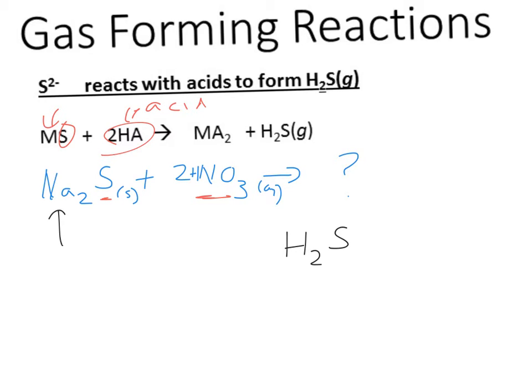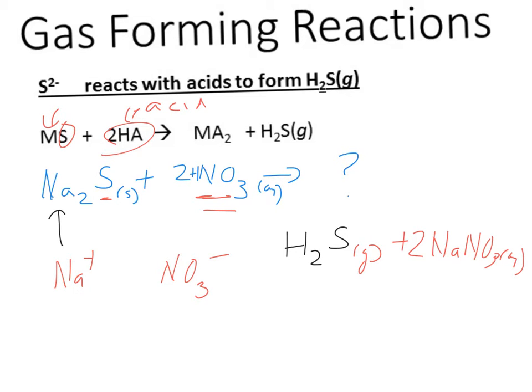Then we have the sodium ion, and left over from our acid we have the nitrate ion. So they're going to combine in a 1-to-1 ratio. We need to make sure they're balanced, of course. Since we had 2 sodiums, we're going to have 2 over there. And that's what you'd be looking at on the homework in terms of these.